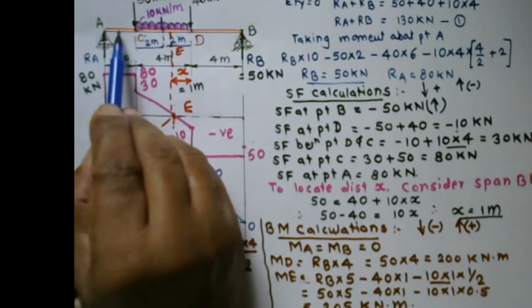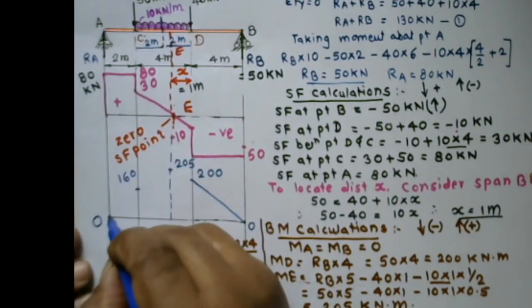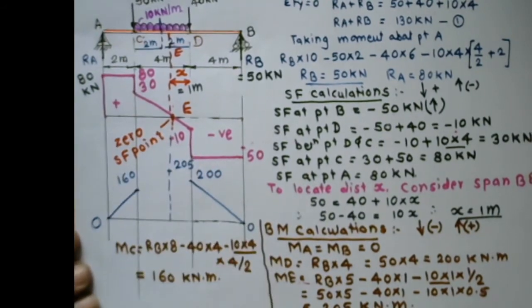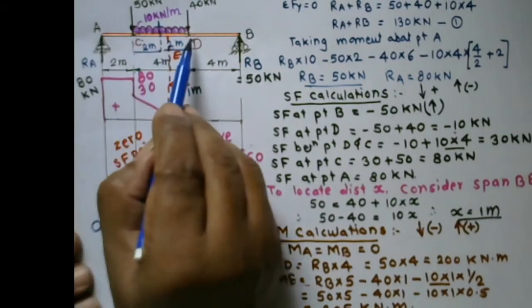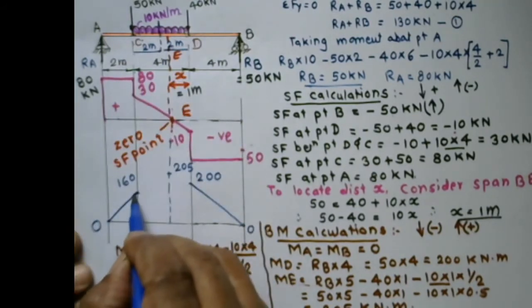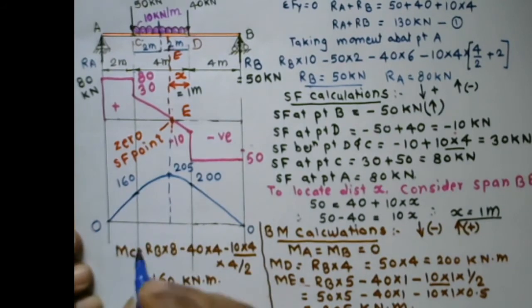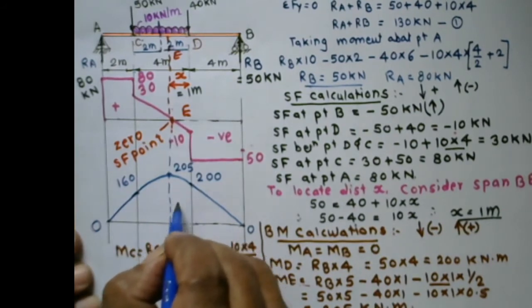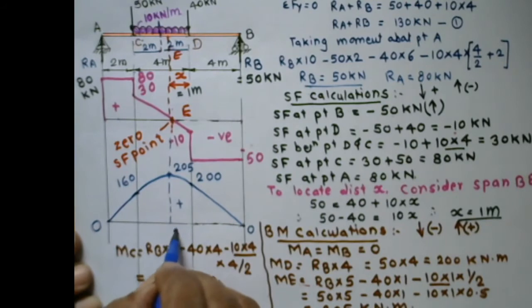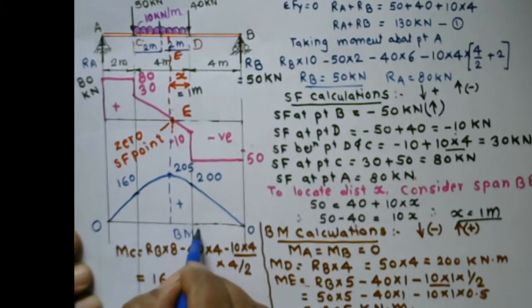Similarly, between the points A and C there is no load, again we join by an inclined straight line. But between the points C and D there is a UDL, so we have to join by the parabolic curve. So this completes our positive bending moment diagram.